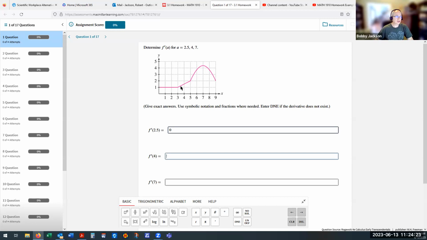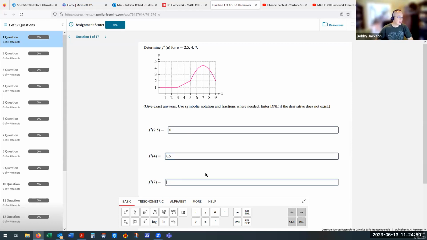So the slope of this line, the rise over the run, or the vertical change over the horizontal change, is a +1 because we're going up 1, divided by the horizontal change, or the run, of 2. So I get 1 divided by 2, or 1/2. So that means for any value between 3 and 5, the derivative of this function would be equal to 1/2, because that's the slope of the graph.